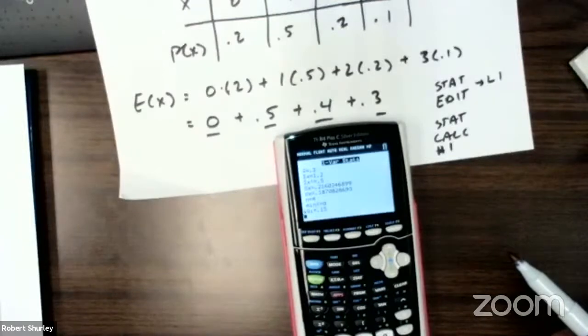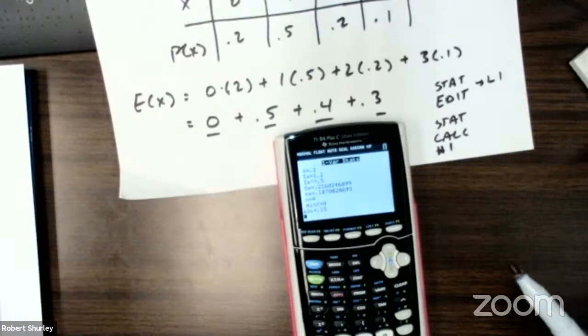Possible values of the random variable. But the mean. Oh, so there's not a way to do it in the calculator. Oh man, we're going to have to do this by hand?